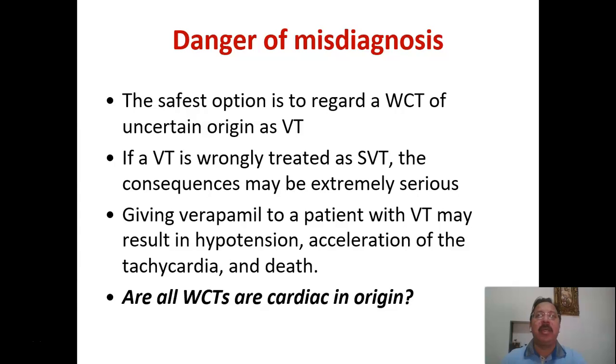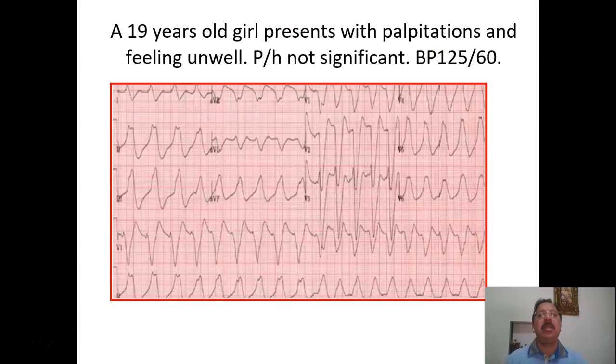So here the question is, the wide complex tachycardia we see in our practice, are all wide complex tachycardias cardiac in origin? Look at this ECG. A 19-year-old girl presents with palpitations and feeling unwell. Past history is not significant and blood pressure is 125/60.